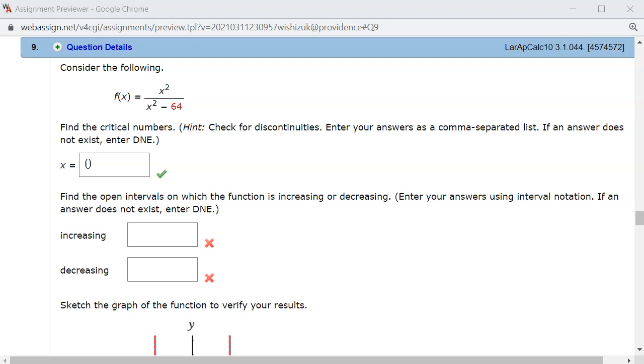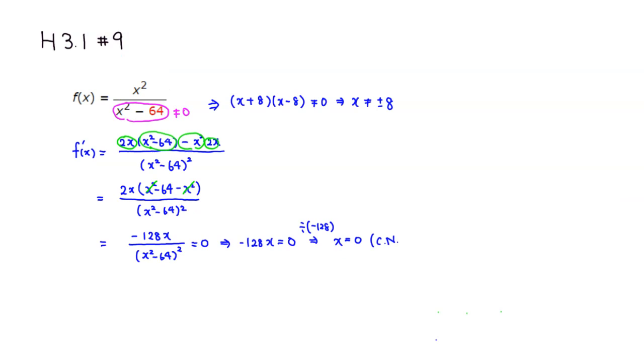Now let's look at the increasing and decreasing behavior of this function. We're going to just draw a number line. The critical number is 0, so we put that. Also, since we cannot include negative 8 or positive 8, we put negative 8 here and positive 8 there.